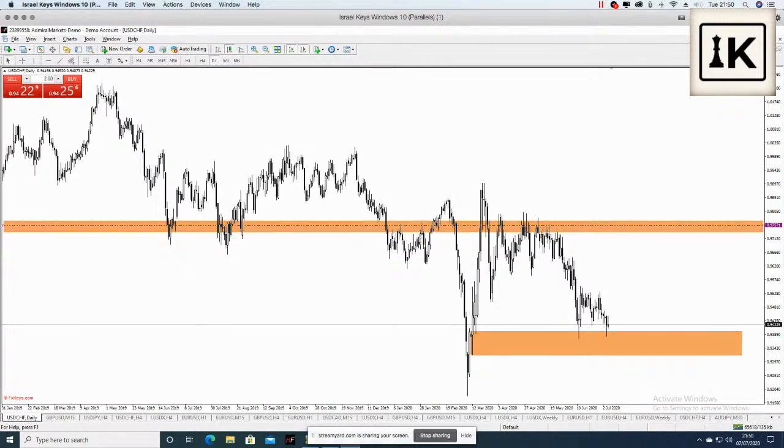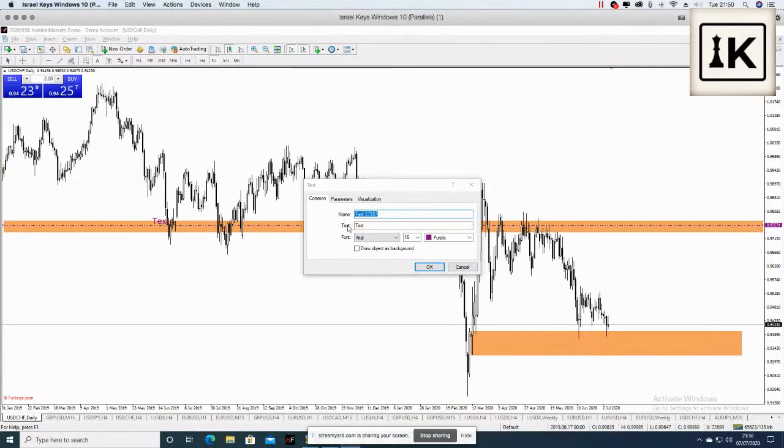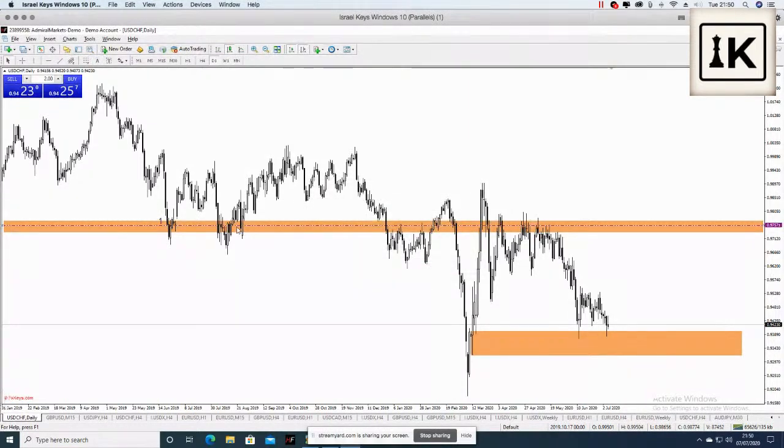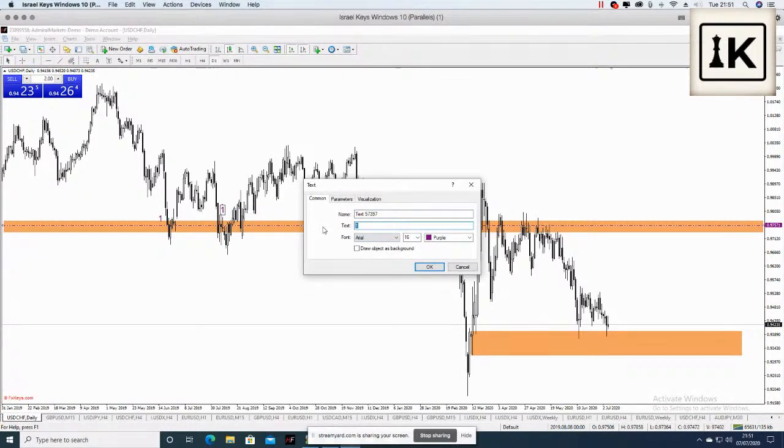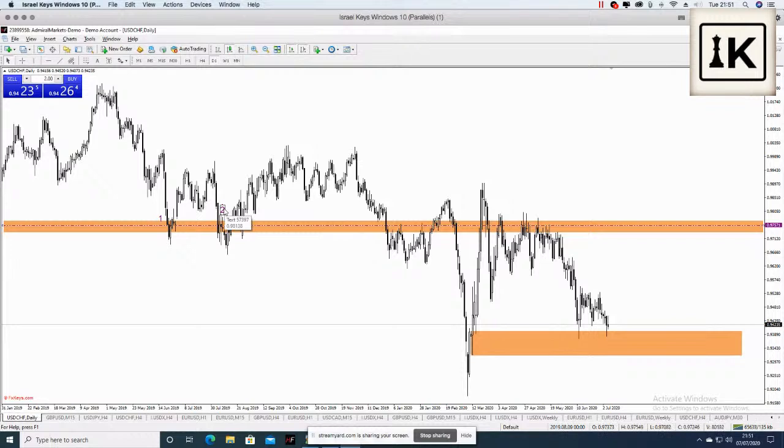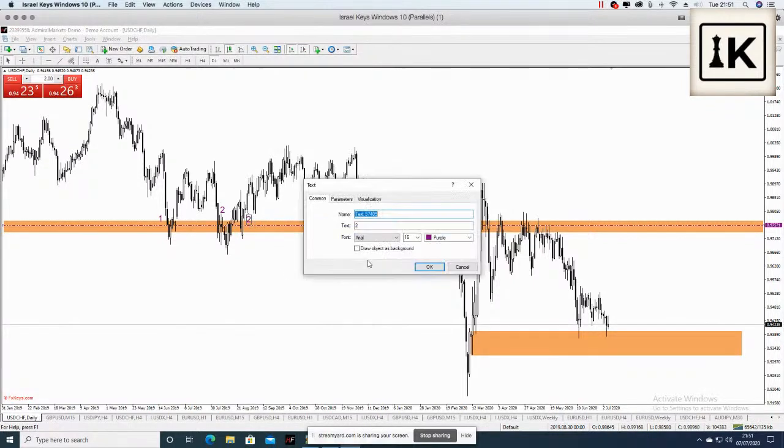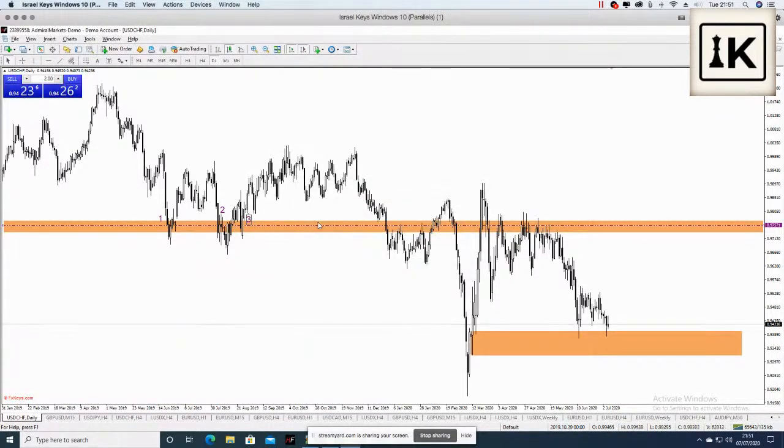See how many times price touches it. One. Two. Three. Four.